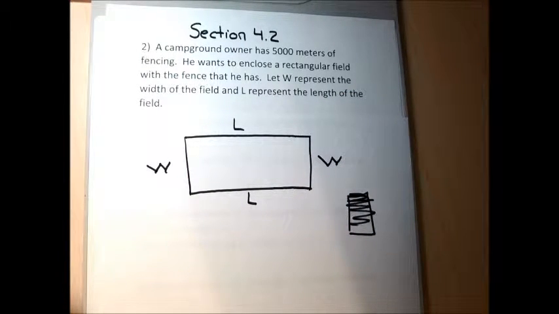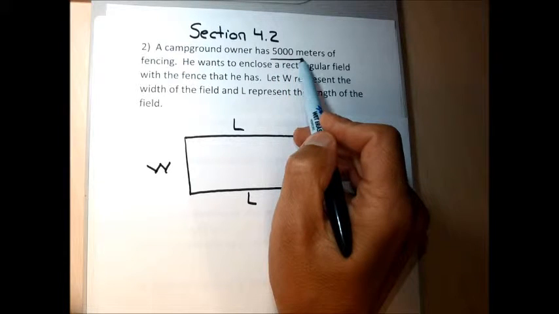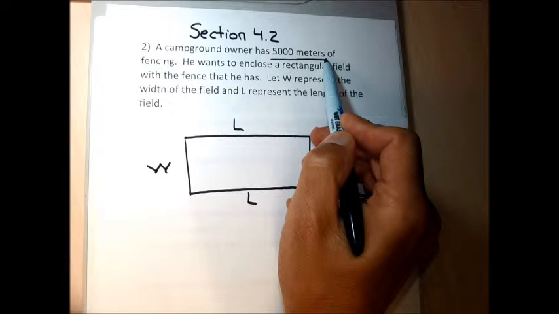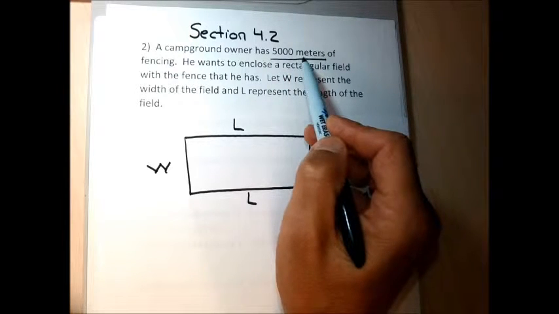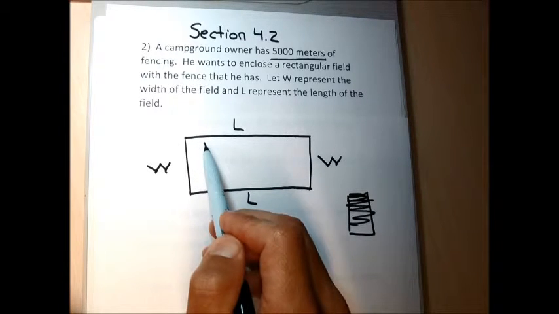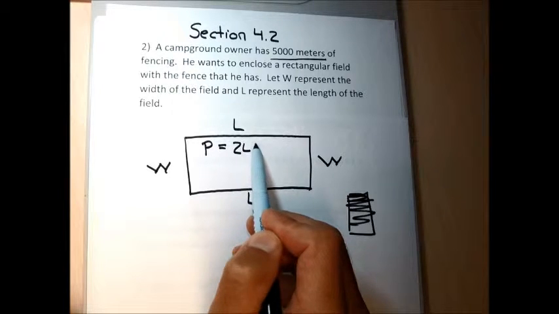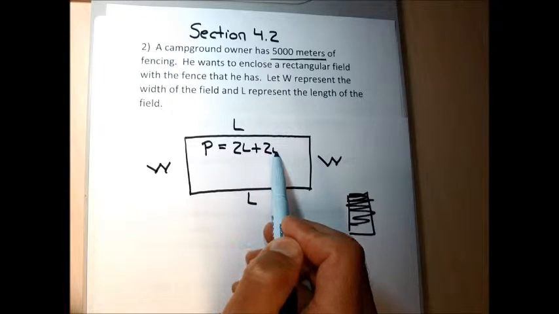The only thing the first few sentences tell me is that there's 5,000 meters of fencing, and that's a linear number and not an area. Because this is a linear number, I'm going to use this 5,000 meters to construct the perimeter of my rectangle. And in general, the perimeter of any rectangle is twice the length plus twice the width.